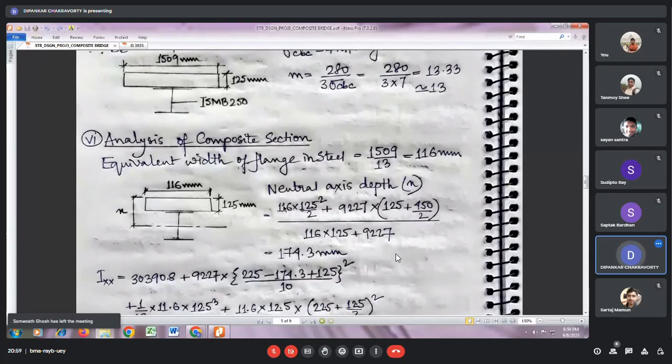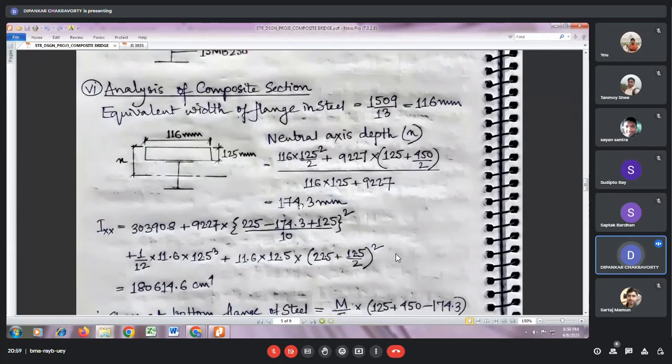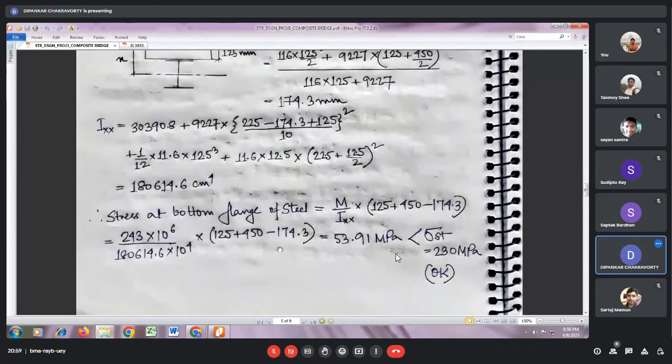Now once this section is homogenized, you can get the effective neutral axis, you can get the moment of inertia, and you can get the stress values in y by I. As simple as that. The stress at the bottom is 53.91 MPa, which is less than, just hold on for a second.